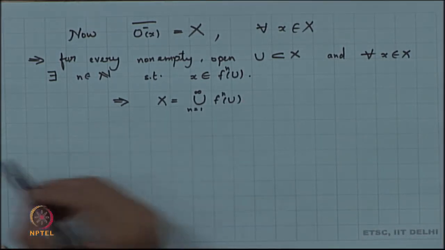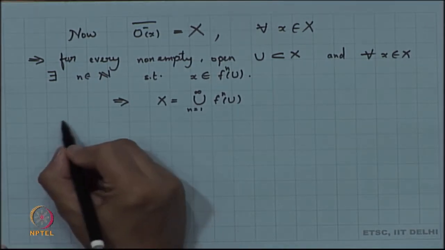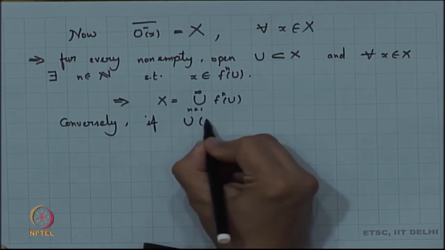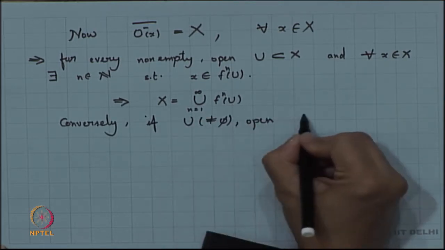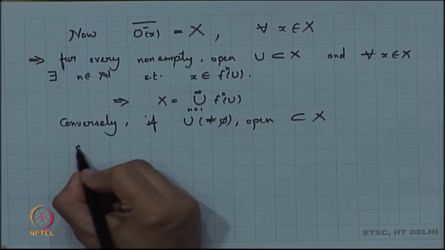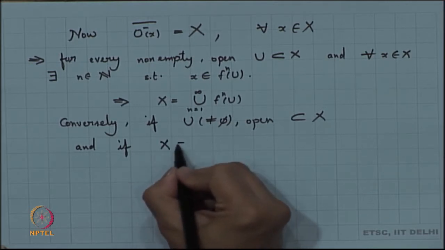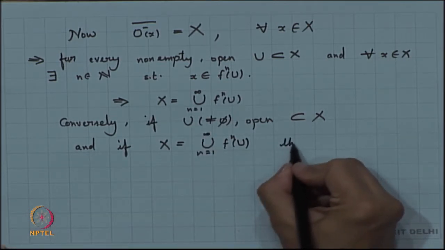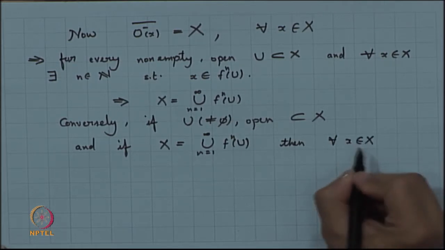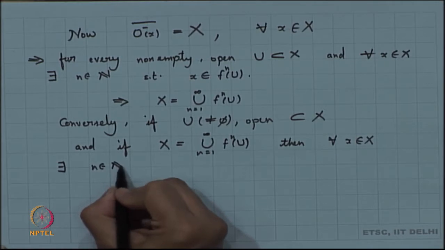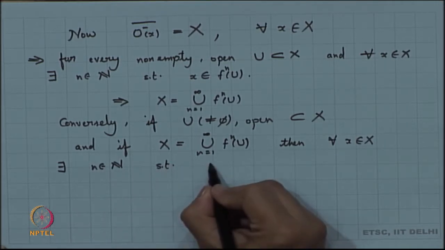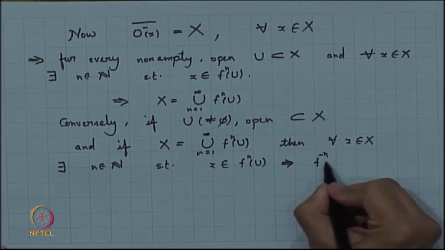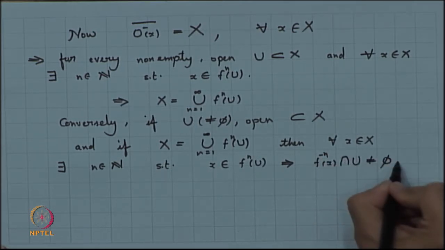And conversely, if U is a non-empty open subset of X, and if X is written as the union of f^n(U) for all n going from 1 to infinity, then for every x in X there exists an n in N such that x belongs to f^n(U), and that implies that f^{-n}(x) intersection U is non-empty.